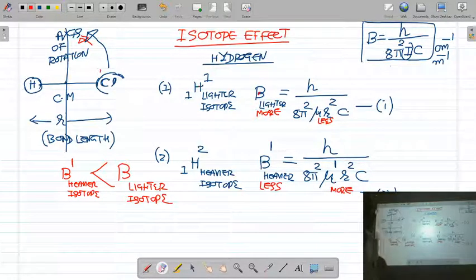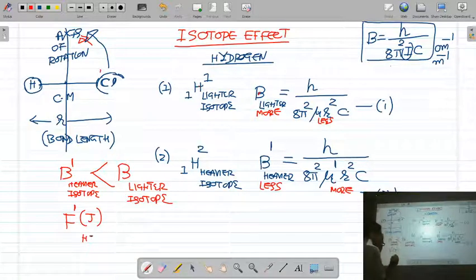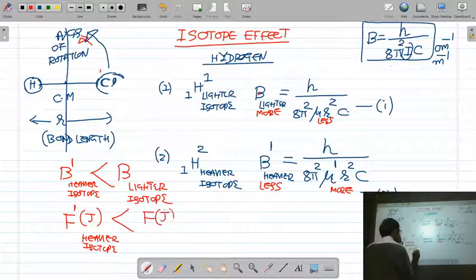Okay, so if the rotational constant of the heavier isotope B dash is less than the rotational constant of the lighter isotope, you can say that the rotational term value F dash J of the heavier isotope is also less than the rotational term value of the lighter isotope.